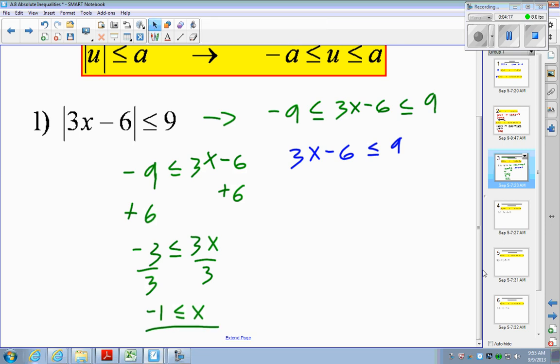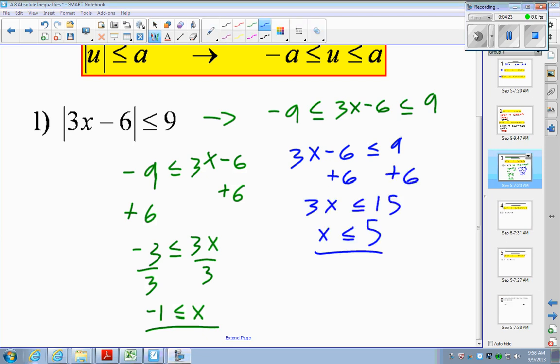Now we just do the same for the right one. I'm going to go ahead and pause the video and come up with the solution in 1 second. So on the right-hand side, I ended up getting x is less than or equal to 5. So now we just write it into our expression. It should be negative 1 is less than or equal to x, which is less than or equal to 5.